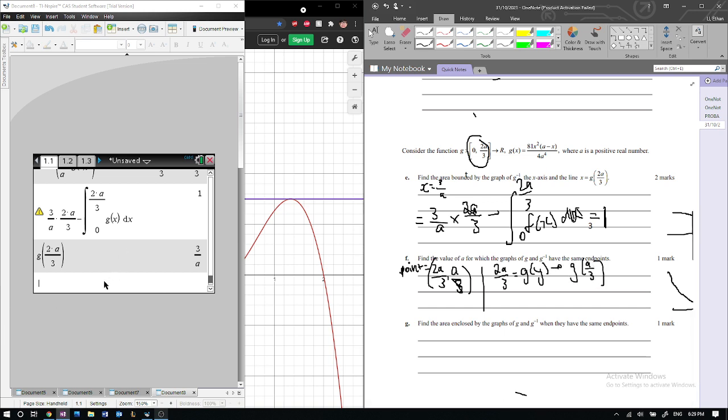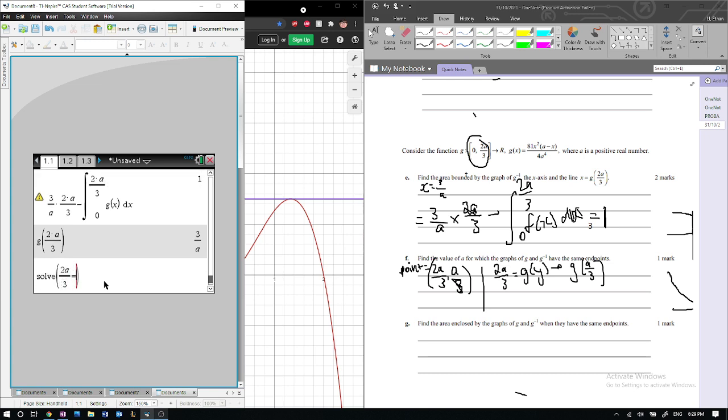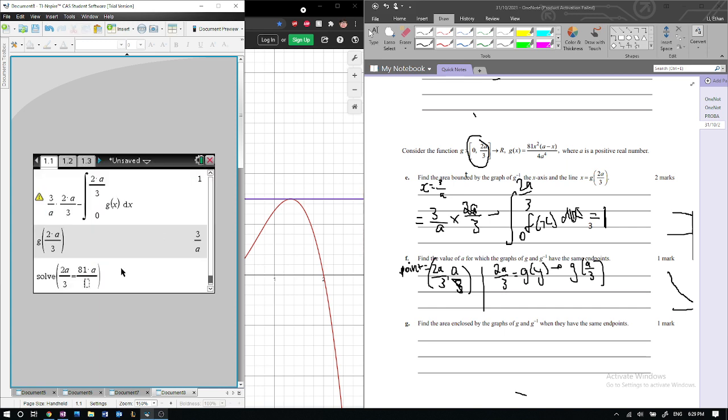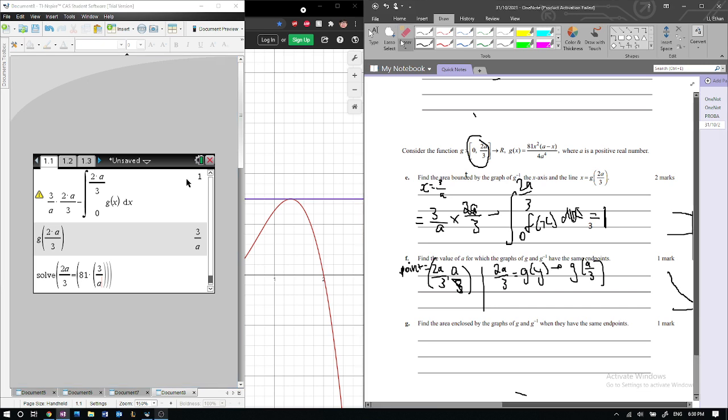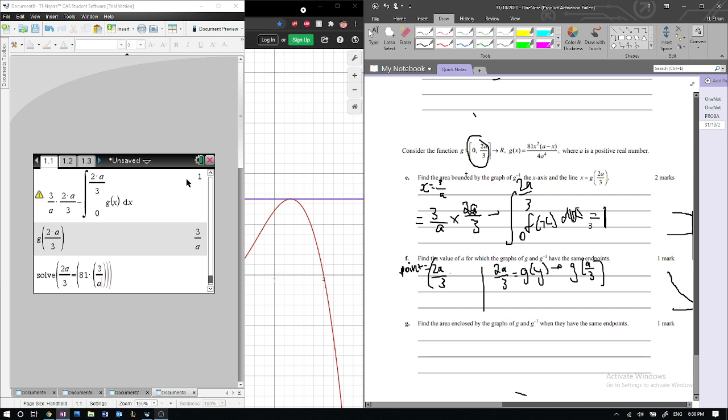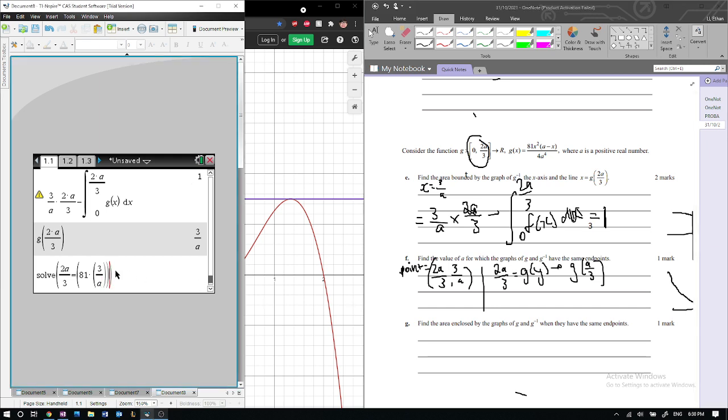And what that'll look like on the calculator is solve 2a on 3 is equal to 81 times 3 on a, whoops. So right now I'm just subbing in x and y values to solve for a.